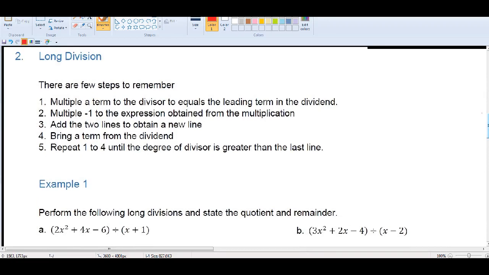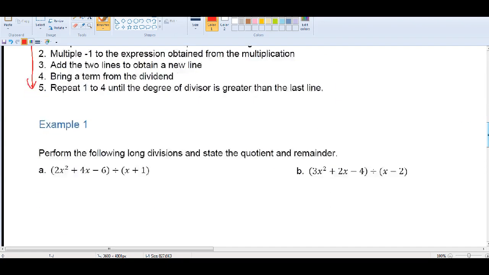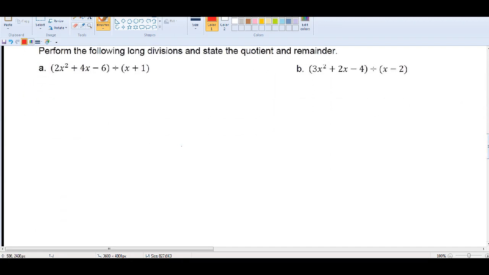I'm not going to go through these steps abstractly because it's very hard for you to understand the meaning of this. So I'm going to do it through examples. Let's just try a quadratic divided by x plus 1. First let me draw. That's how we set up for long division.